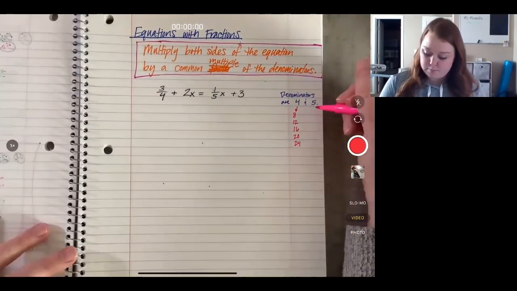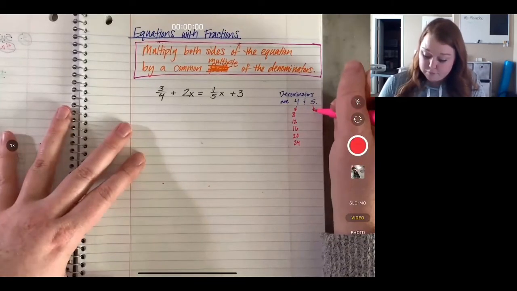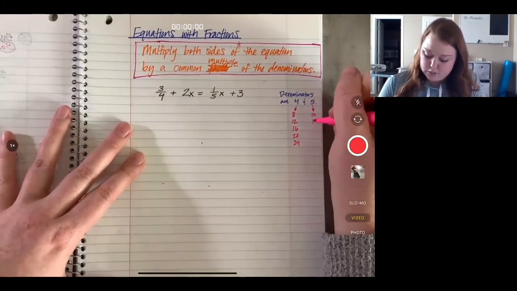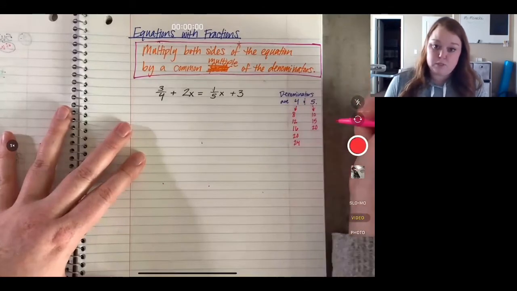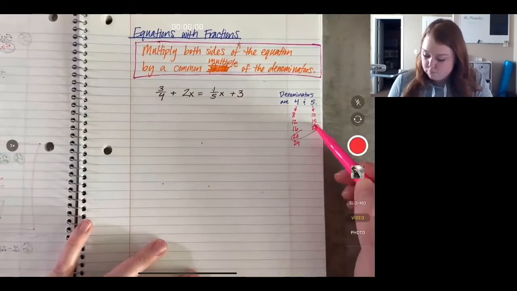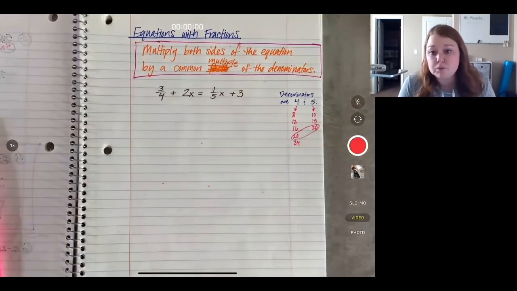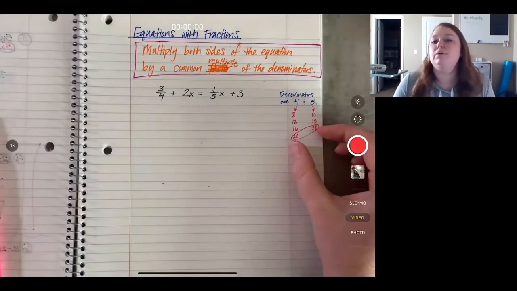Now I'm going to do the same thing, but multiples of 5. 5, 10, 15, 20. Now, do you see one that they have in common? I do. So a common multiple, the least common multiple, is 20. Okay, and it doesn't necessarily have to be the least common multiple, it just has to be a common multiple.